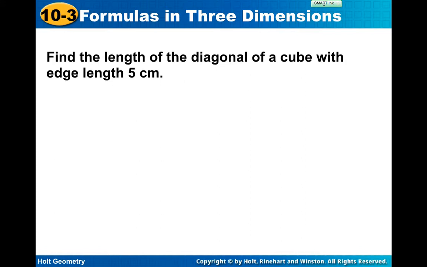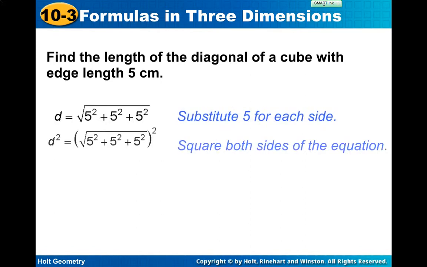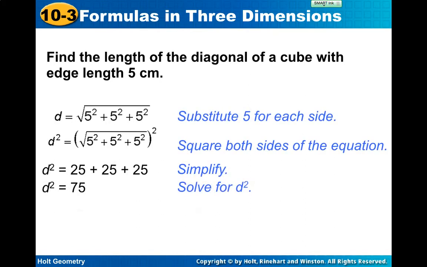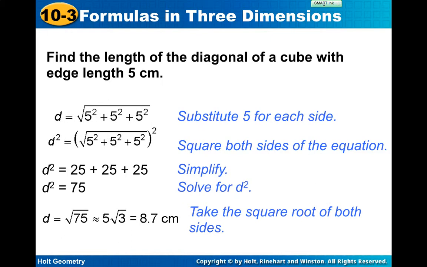Square root of 75, reduced in radical form: 5 times square root of 3.